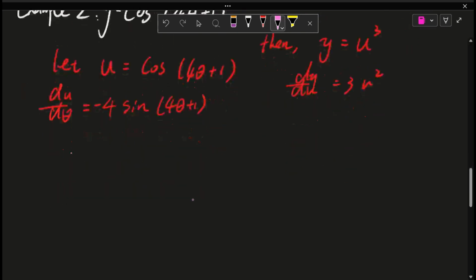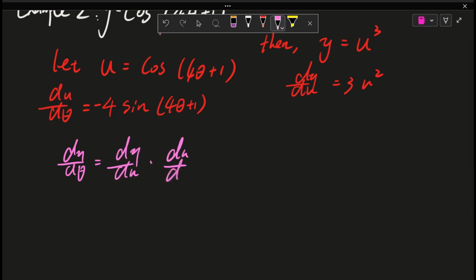Now dy d theta equals dy du times du d theta. So that equals negative 4 sine of 4 theta plus 1 times 3u squared.